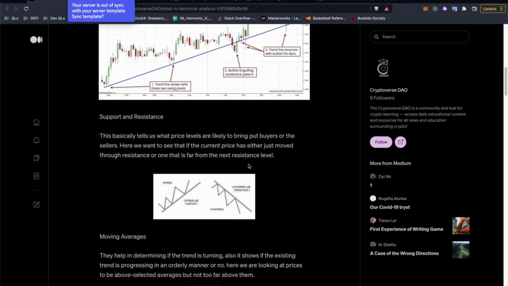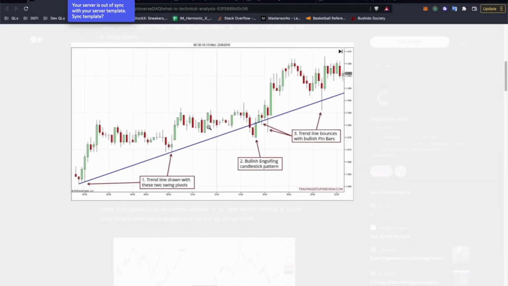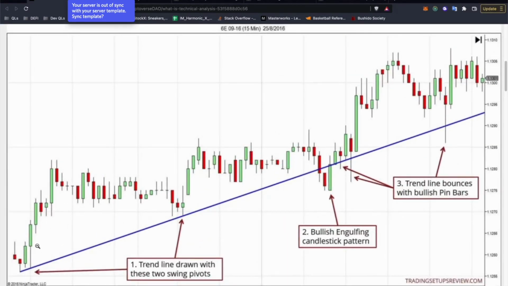Let's talk about support and resistance. This basically tells us what price levels are likely to bring buyers or sellers. Basically, support and resistance is if the price hits a level and then bounces, it sets a support floor, right?